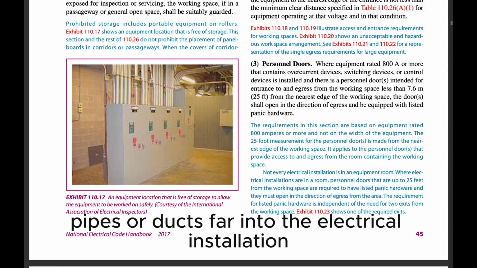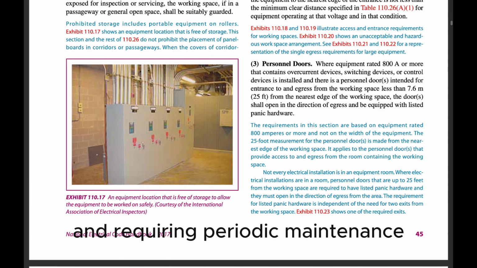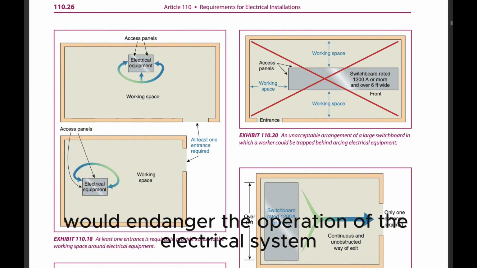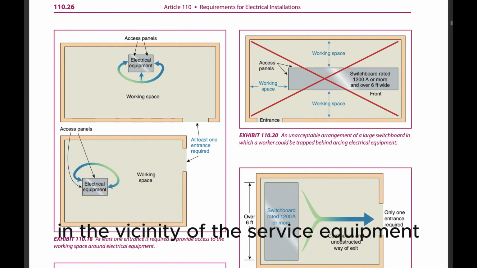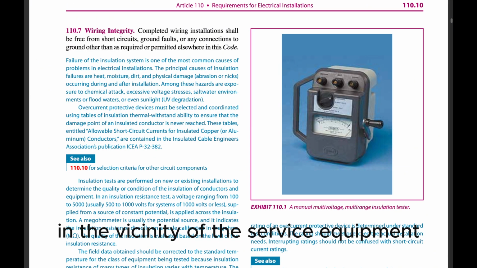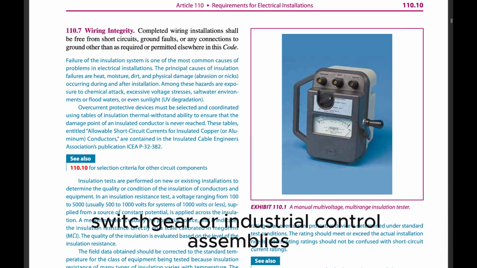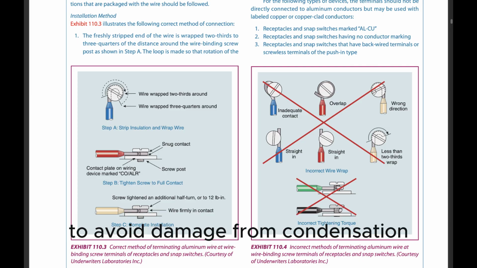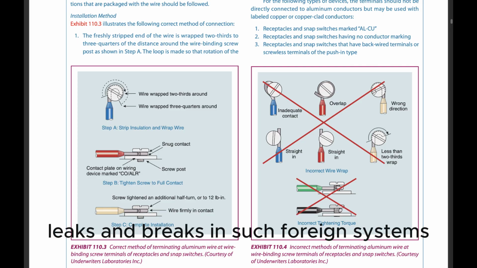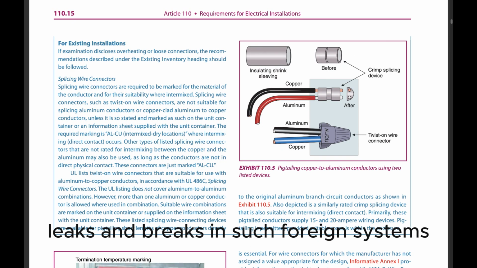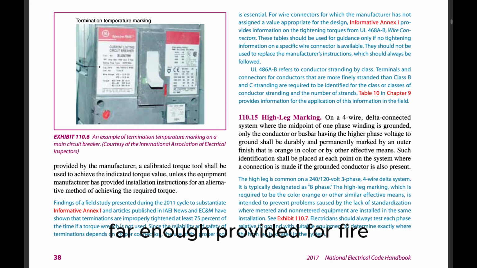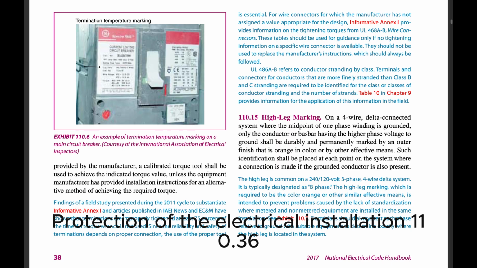Pipes or ducts foreign to the electrical installation and requiring periodic maintenance or whose malfunction would endanger the operation of the electrical system shall not be located in the vicinity of the service equipment, switchgear, or industrial control assemblies. Protection shall be provided where necessary to avoid damage from condensation leaks and breaks in such foreign systems. Piping and other facilities shall not be considered foreign if provided for fire protection of the electrical installation.